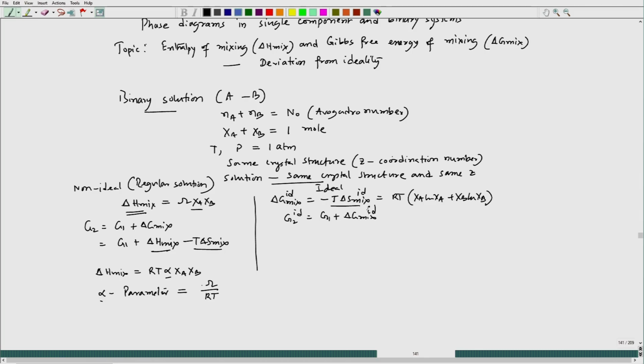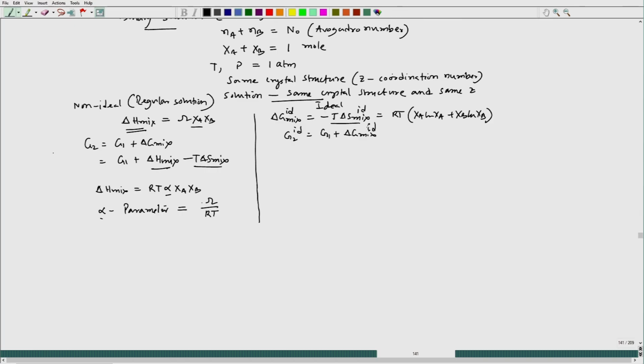Alpha can have a negative quantity. So, accordingly we can express this del Hmix on a small number basis. We will see how that small number comes up. Okay. So, we can actually now take it like this.